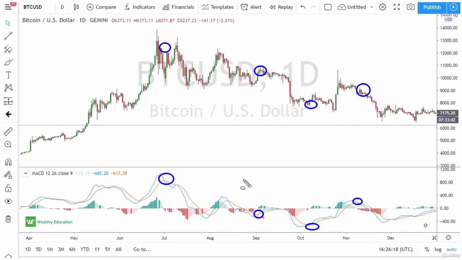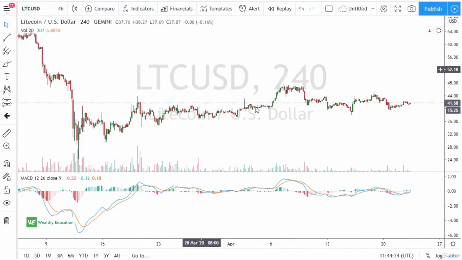The zero line crossover right here would have been an excellent buying signal, for example, as well. But with Litecoin, let's take a look at the 4-hour chart, and you can see it works on smaller time frames as well. There's your moving average crossover, and we did in fact drop. It wasn't a huge move, but it did move.